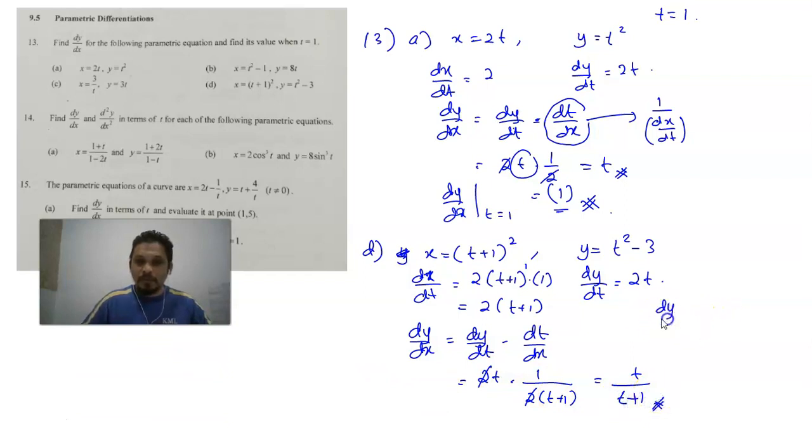So for dy/dx, when t equals 1, that is 1 divided by 1 plus 1, equal to 1 over 2.